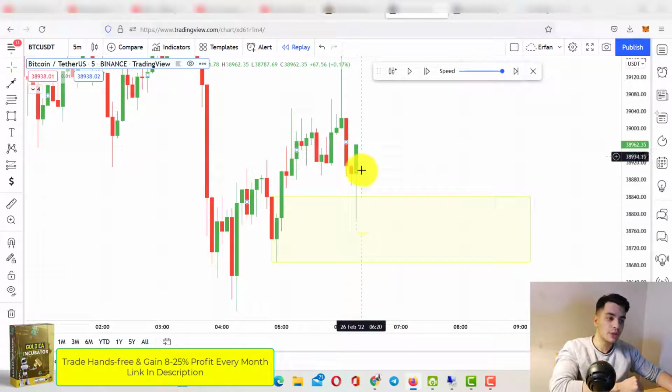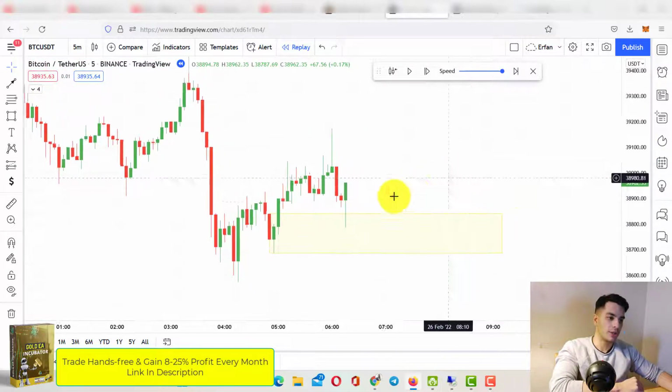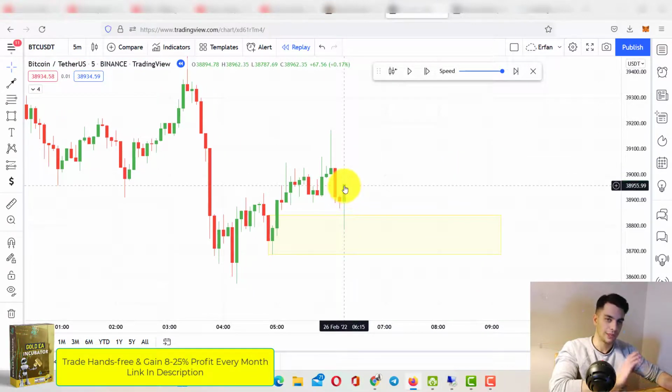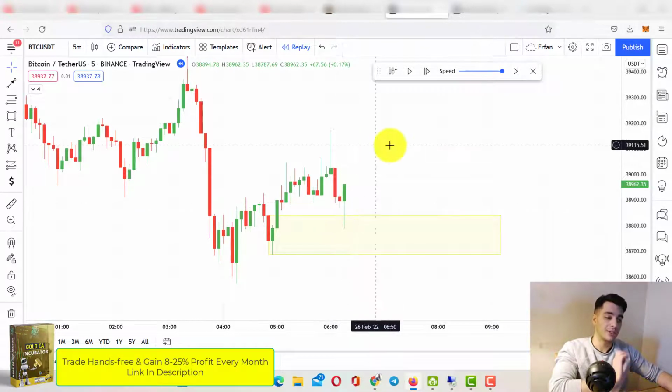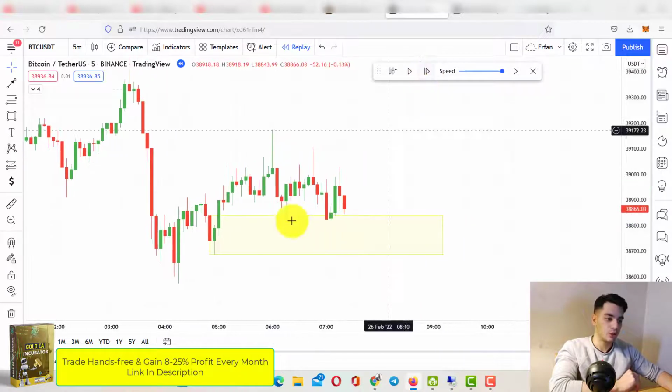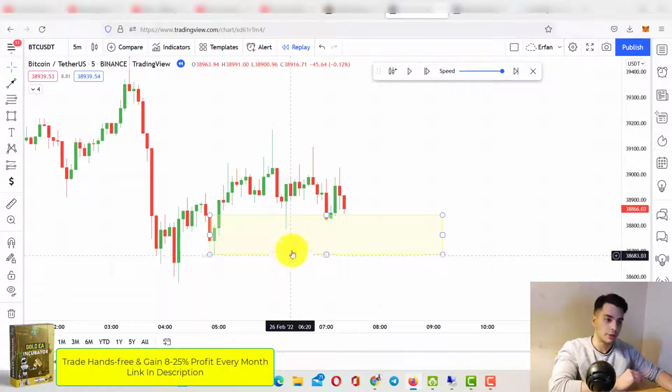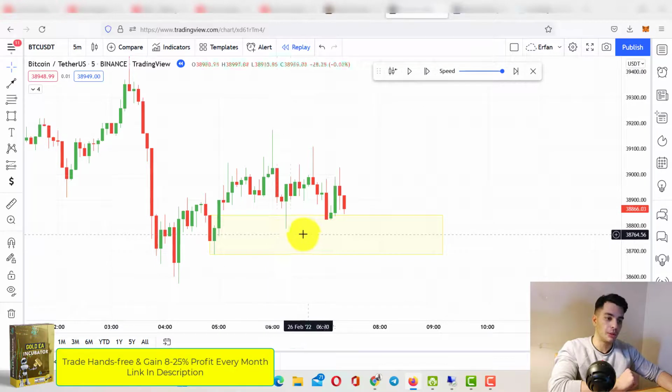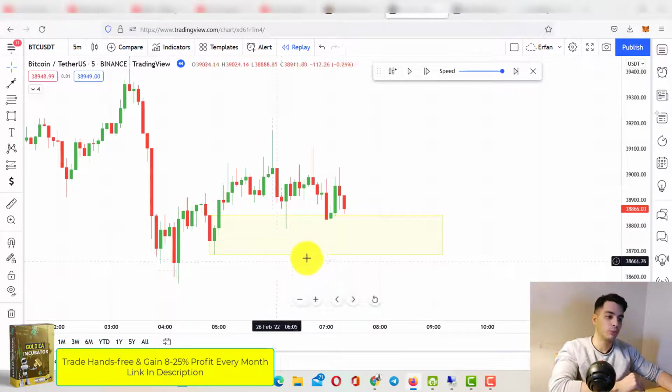So this is a really good momentum here, guys. This is a really good momentum for a buy position, because this candle is a really good indicator. We had a huge rejection towards the upside, so it means the buyers are trying to get into the game. And what's going to happen is, you need to put your stop loss here below the zone. It's risky to put it below the candle. You can do that, but this zone is still respected, so you need to put your stop loss here.